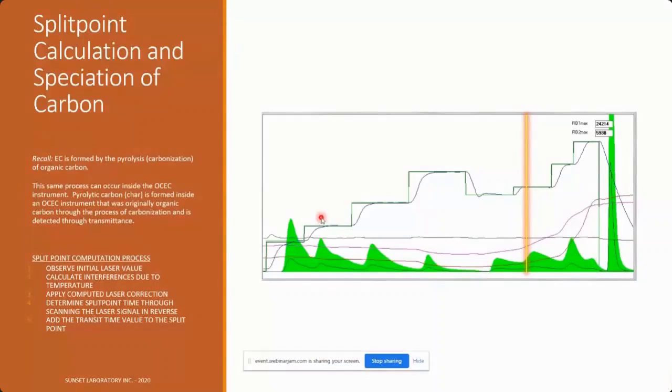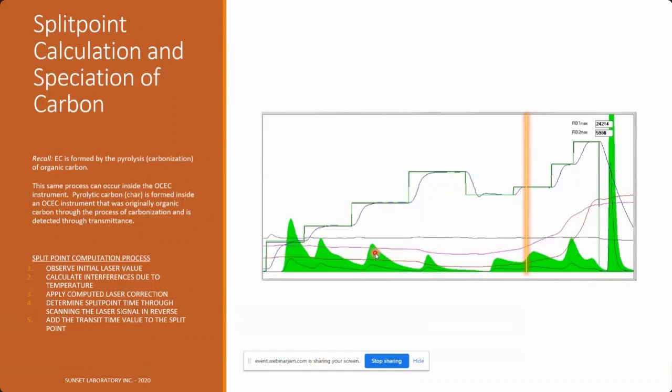So what ends up happening through the entire process is some of this pyrolytic carbon is formed, and we have to account for that which is formed inside the instrument, because that should be quantified as organic carbon. The laser or color of the filter changes as the pyrolytic carbon or char is formed, and we're able to see that happen.